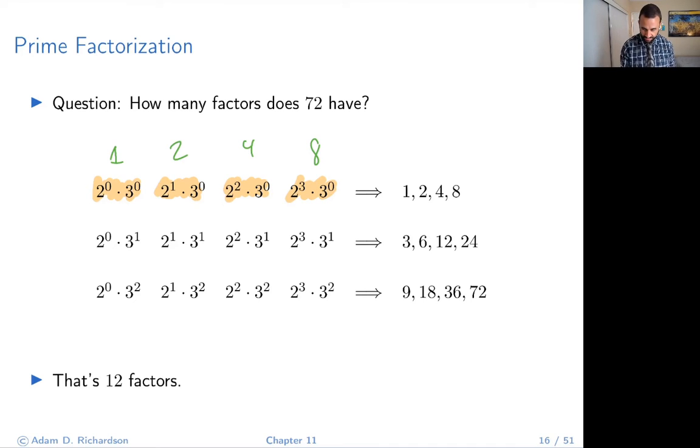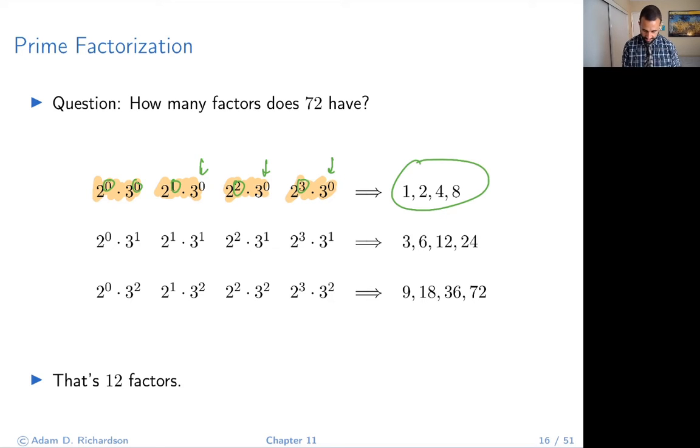Anyway, if you look at this top row, the idea here is that first we started at 0, just because we need to account for the factor 1. And then all I did was increase one of the exponents, and I held the other exponent fixed. That'll give us a set of factors. Then I did the same thing for 3.